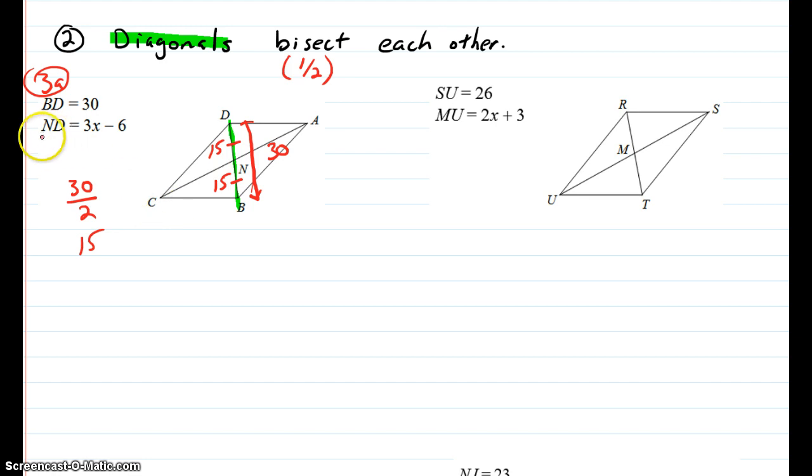And so now they tell us that ND, let's highlight it, is 3x plus 6, but from here to here is 3x minus 6. So now we can go 3x minus 6, and remember that half of 30 was 15, so we know that equals 15. So now we can solve this. We can add 6 to both sides.